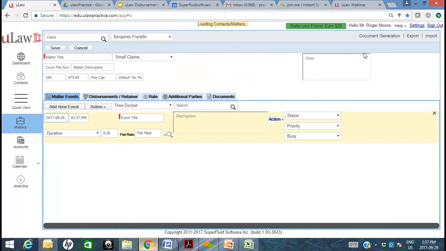I'm going to take a very simple example of small claims. Again, based on the area of practice, the use case of the different types of disbursements may change, the fees may change, but the concept remains the same.